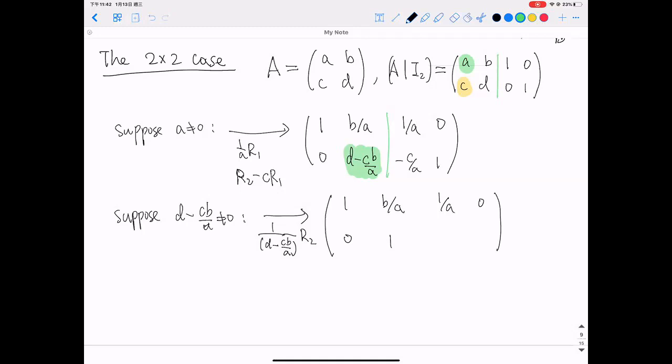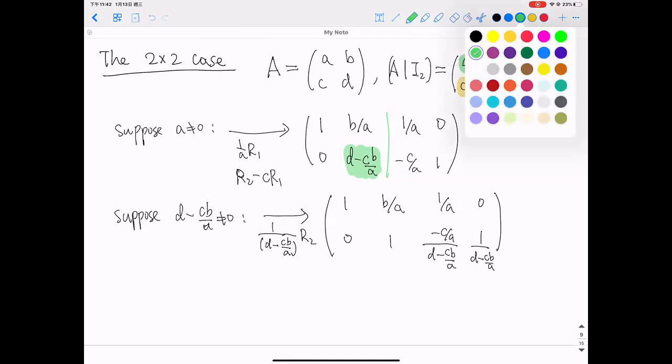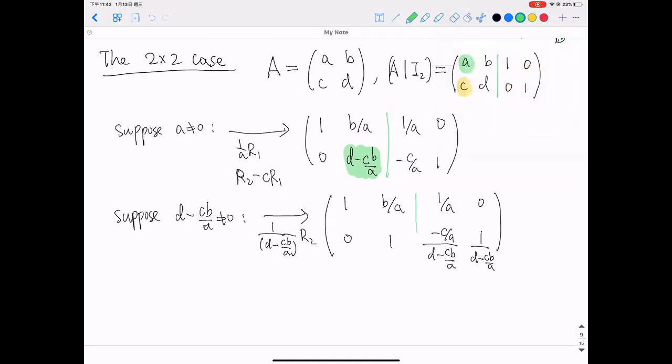Now, okay. At this point, it's probably a good idea to simplify.